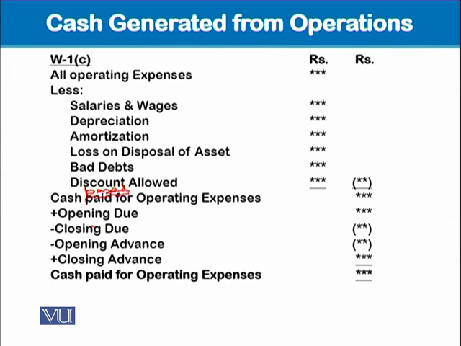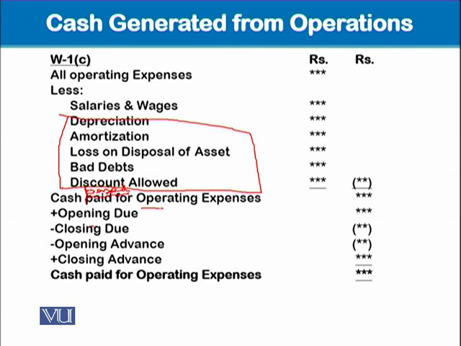Okay, the expenses for which we have paid cash, these were the non-cash based operating expenses. This is a category in which we do not pay cash, or we never pay cash, and the rest of the balance are the cash based operating expenses.